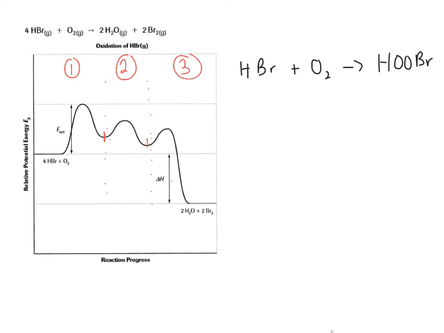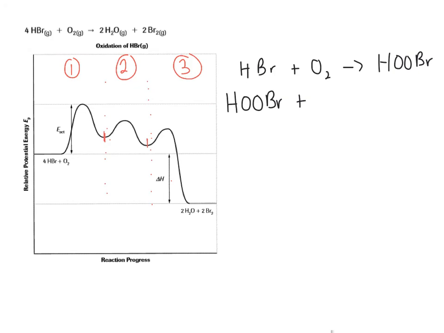Now we know it's going to get used up because we can't go directly from the reactants to the product. So we're going to have some reaction intermediates. And I've just basically incorporated all of the atoms. So this would be one of our reactants in our next step.